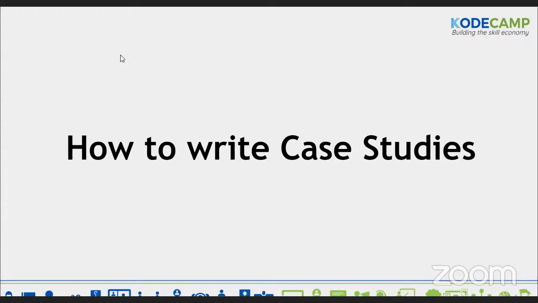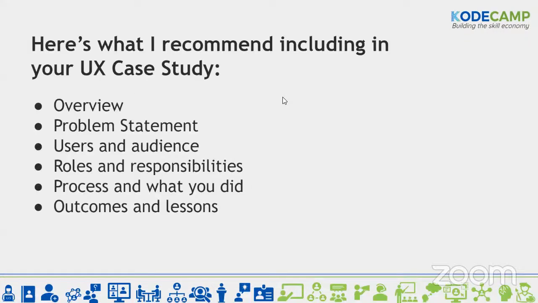Okay, with that being said, I'm going to go to the next slide. I wrote down a few things here, what I recommend you include in your UX case studies. Number one, we have the overview: everything about your project, your product, what you're working on.